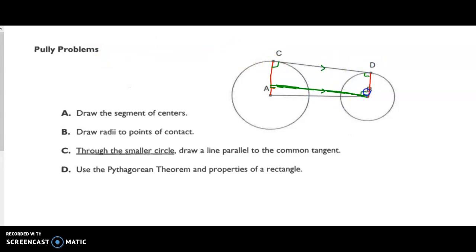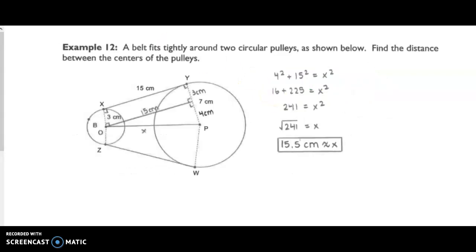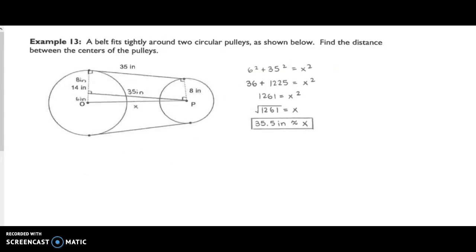And so this ends up being a right triangle. So I'm going to make a video going over numbers 12 and 13, so be on the lookout for that.